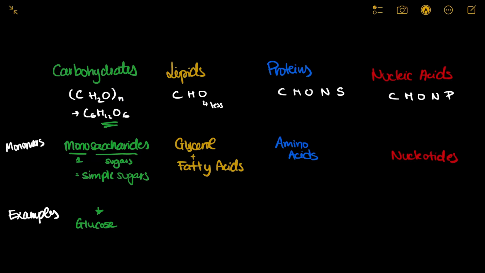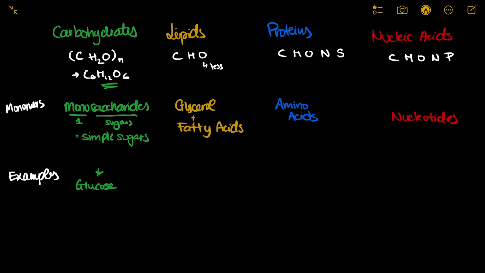So monosaccharide, which is, for example, glucose, makes disaccharides if you put two of them together. And then lots of monosaccharides or disaccharides: if there's more than two, it makes polysaccharides.